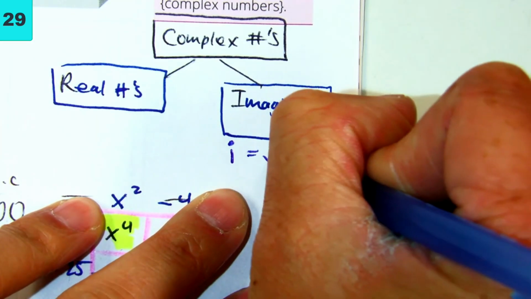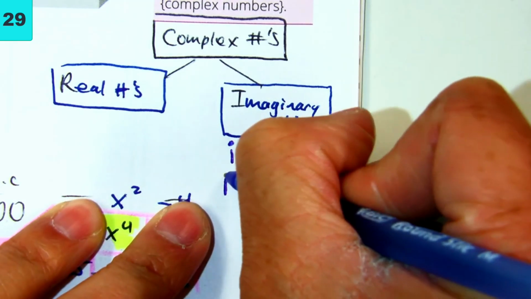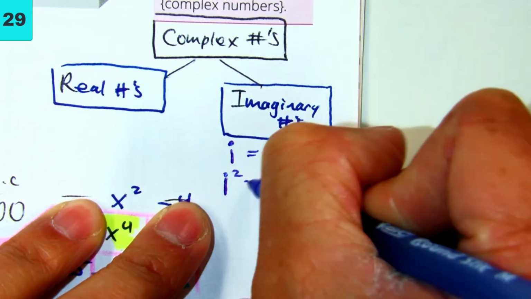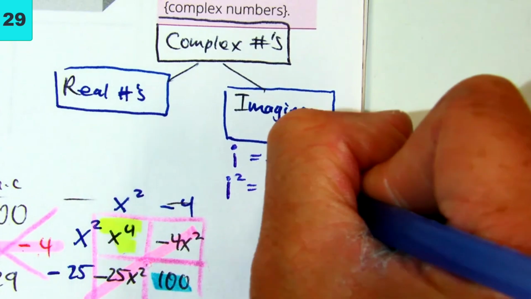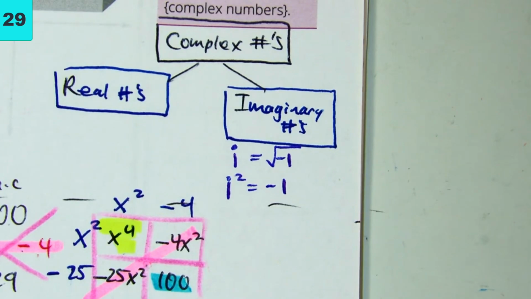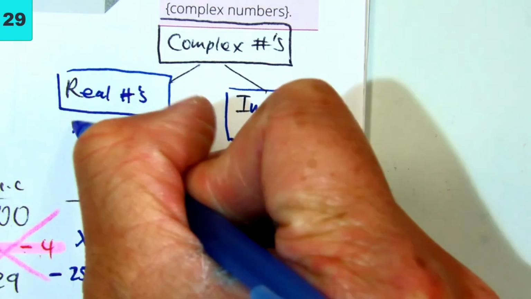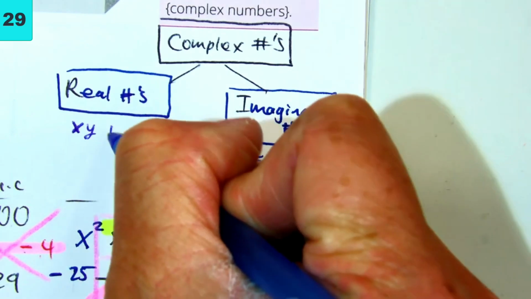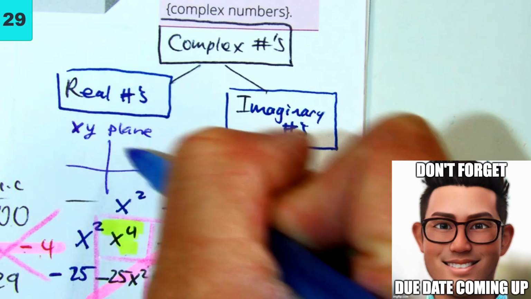Okay, in this class we have not gone over the next one, but just imagine, what would happen if I squared both sides? i squared equals negative 1. And real numbers, I just call it they're on the x and y plane. This is the x-axis and this is the y-axis.